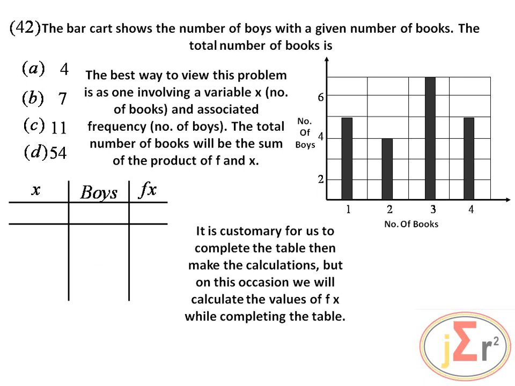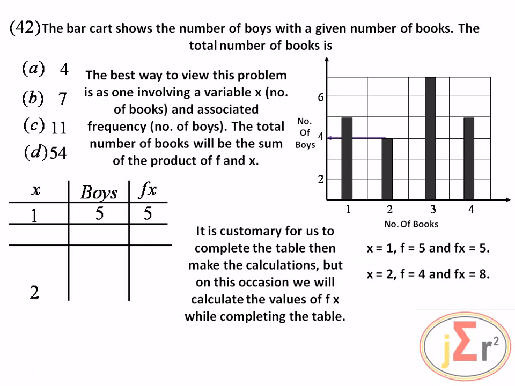So there's your table, and we have x, we have f, which is the number of boys, and we have fx. So there we have x is equal to 1, f is equal to 5, and fx is equal to 5. X is 2, f is 4, and fx is equal to 8. And what do we have there?